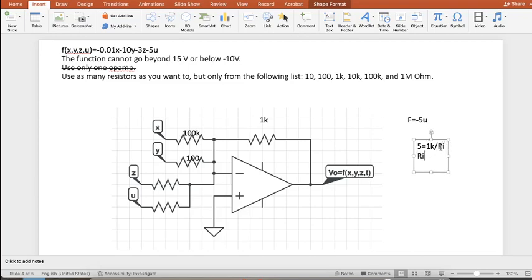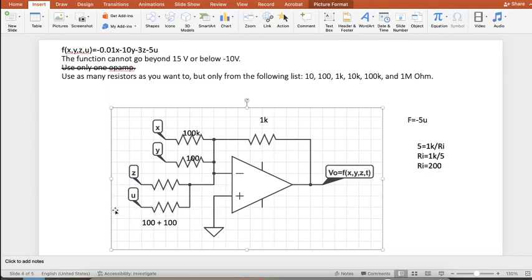So RI is going to be 1K divided by 5, and therefore RI is 200 ohms, but I don't have 200 ohms here. So this means I need to use a second resistor here, and unfortunately I did not draw that in the right way. So it's going to be 100 in series with 100. If I were drawing, I would draw another resistor here in series with that. So this will be 2 resistors in series.